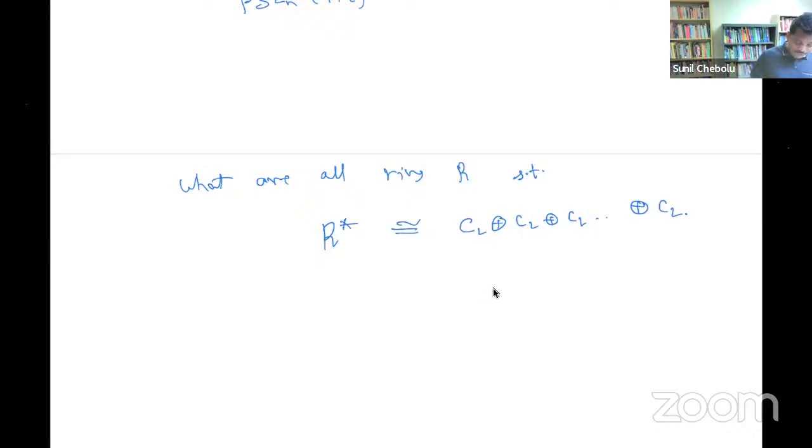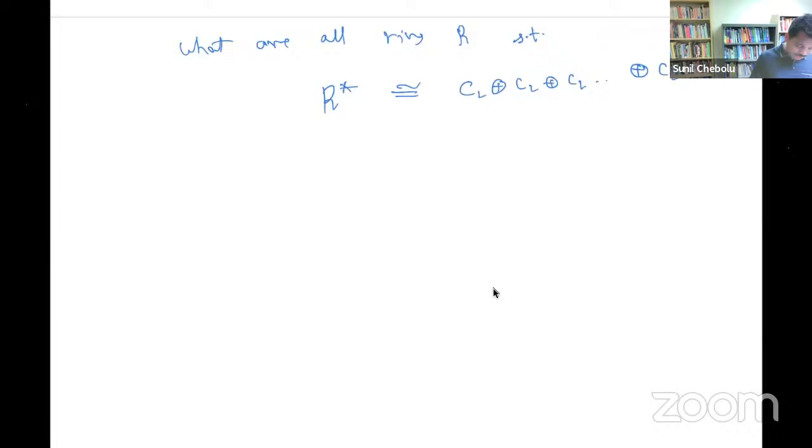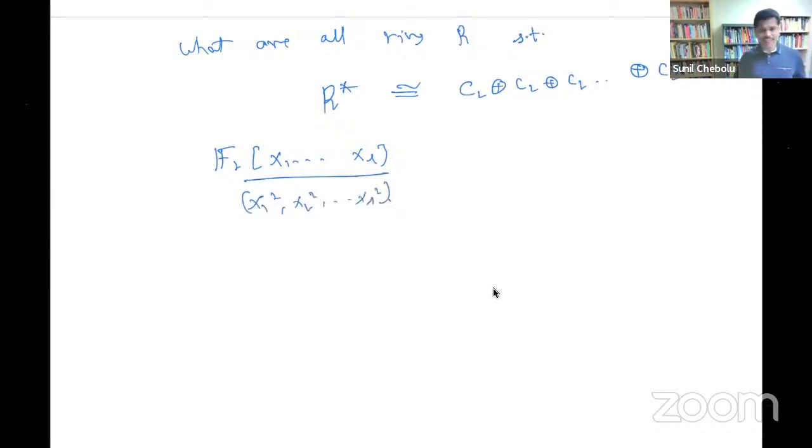So for a whole class of rings, we answered this question. One thing we ended up working on in the process is where the combinatorics came in. I remember saying that if I have time, I would go into the combinatorics. So look at this ring: x1, ..., xl, x1 squared, x2 squared, ..., xl squared. It's a very simple looking ring.